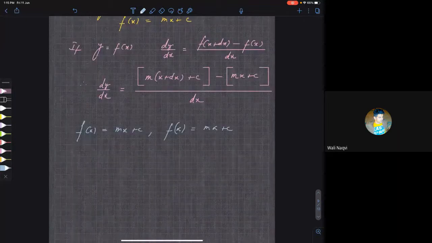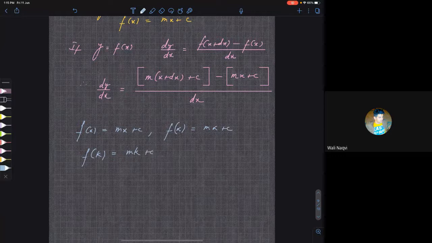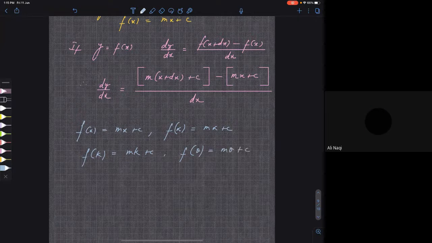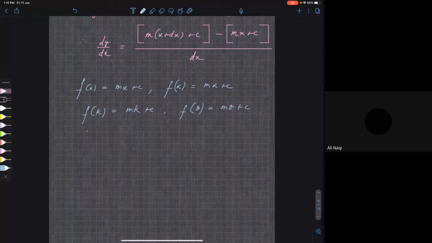What will be f of k? mk plus c. Correct? What is f of anything? m theta plus c. What does c stand for? Constant. c is a constant. It is the y-intercept in y equals mx plus c. m is the slope. Are you getting my point?